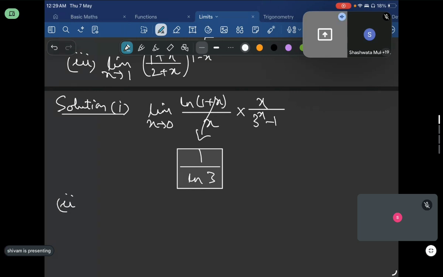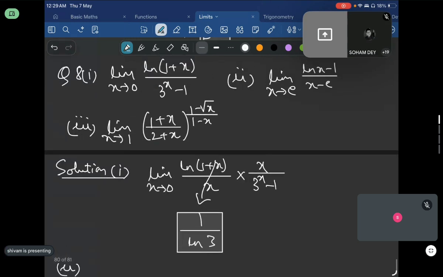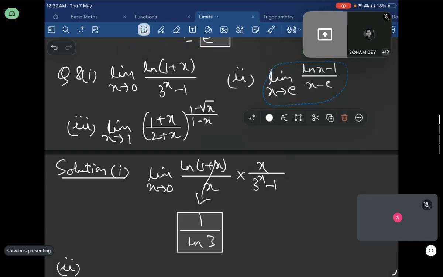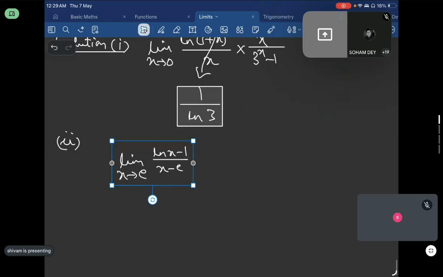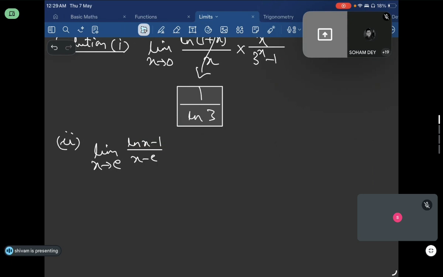Part 2. Ronak, part 2 is correct. Atija, part 2 is correct. Rishabh, part 2 is correct. Soham, part 2 is correct. Part 2, everyone, directly differentiate. It's very easy. You can directly differentiate ln x minus 1, and x minus e.